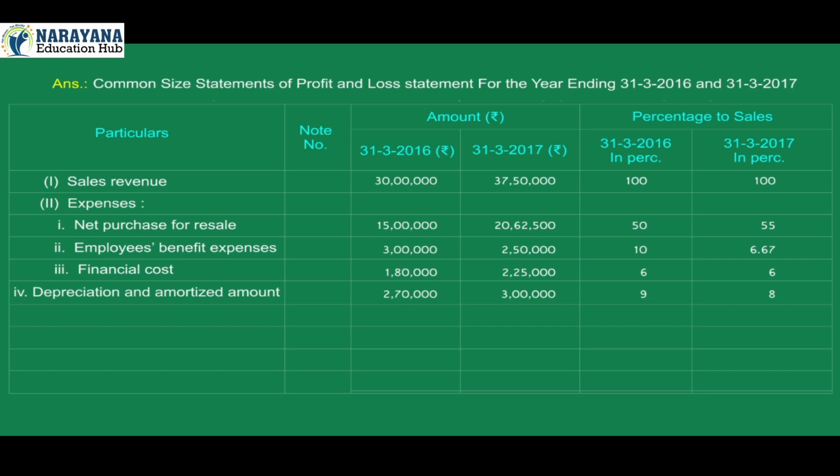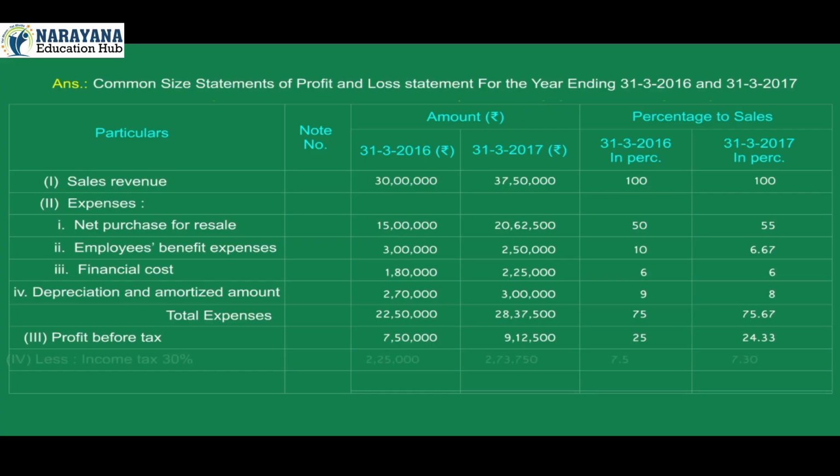4. Depreciation and amortized amount: 2 lakh 70,000, 3 lakh, 9 percentage, 8 percentage. Total expenses: 22 lakh 50,000, 28 lakh 37,500, 75 percentage, 75.67 percentage. 3. Profit before tax: 7 lakh 50,000, 9 lakh 12,500, 25 percentage, 24.33 percentage. 4.